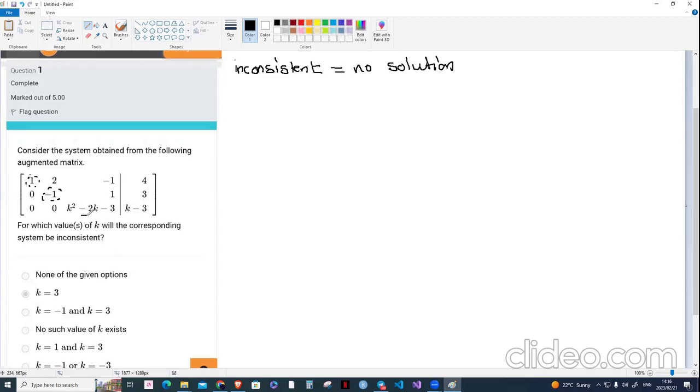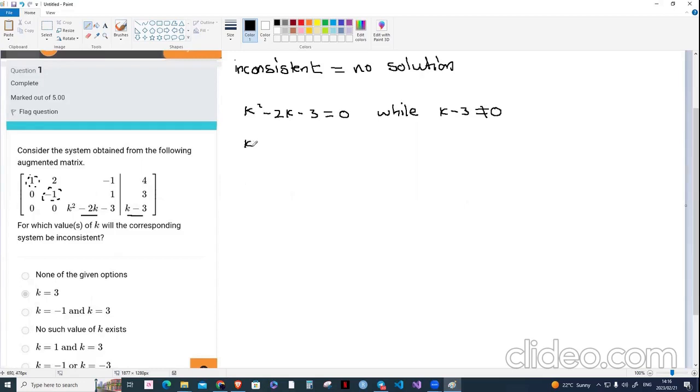So what we need to do is focus on these last two numbers. For no solution, there are two conditions. k squared minus 2k minus 3 must be equal to 0, while k minus 3 is not equal to 0.